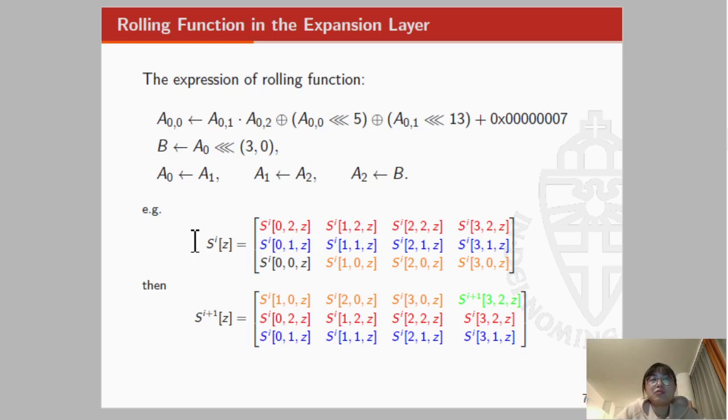We can see 2 things from the transform. The first one is that the order of planes is changed, and the second one is that only the value on this lane marked in green is changed, and it only depends on these 3 lanes.